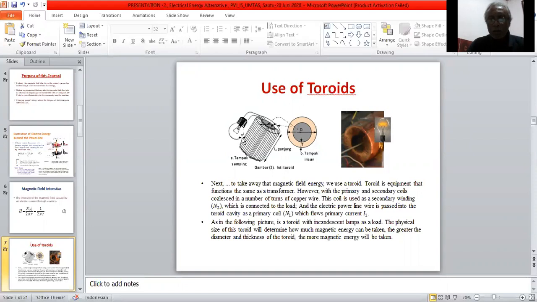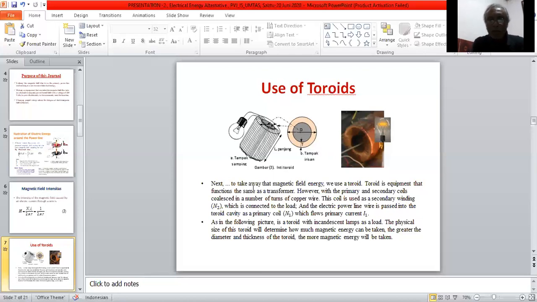This coil is used as the secondary winding or N2, which is connected to the load lamp, and the electrical power line wire is passed into the toroid cavity as the primary coil or N1 with low primary current I1.